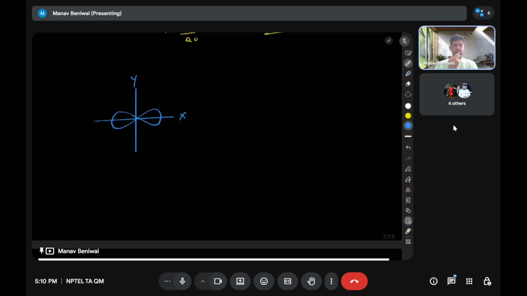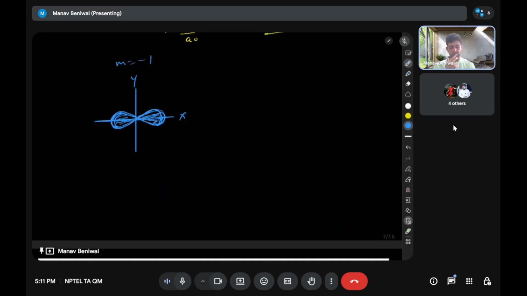Now there are basically three possibilities for its orientation. You can notice that this is a kind of spherical shape, not a rectangular or cubical shape, but the axis about which it is positioned, that is the x-axis, corresponds to one of the values.